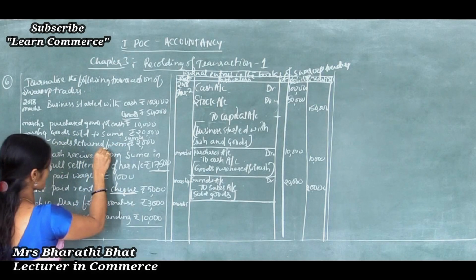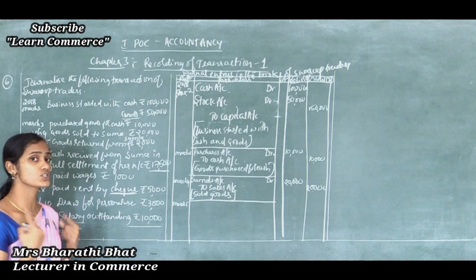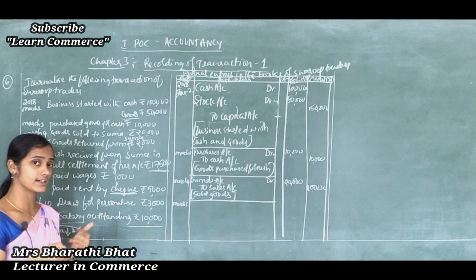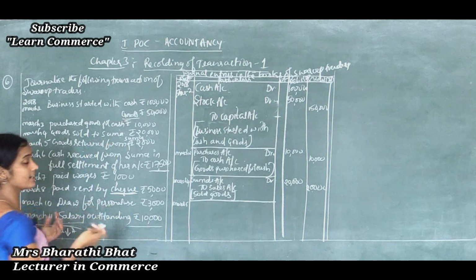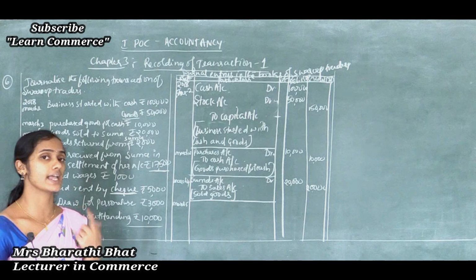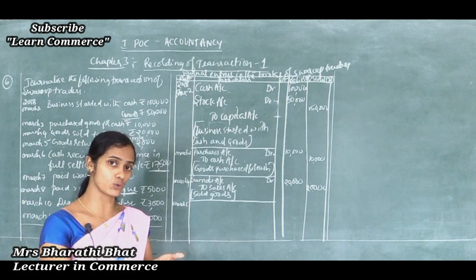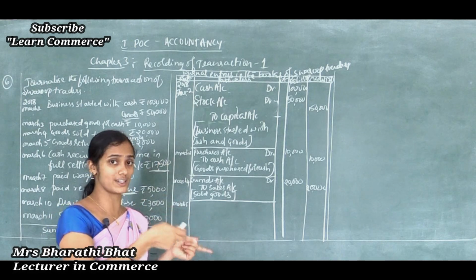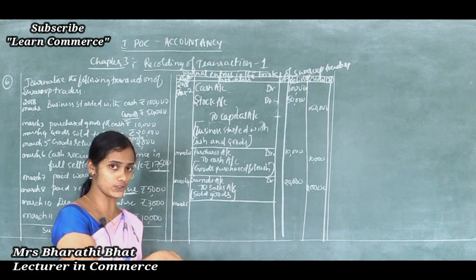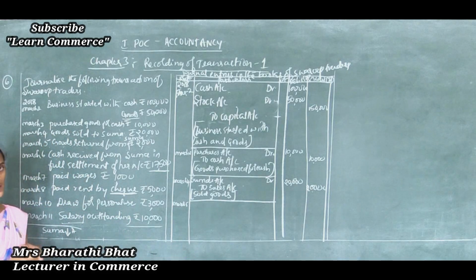But now in this case we sold to Suma, and after that Suma returned goods to Swaroop Traders, so it is considered as sales return. Once we sold goods and the same goods are returned to the business organization, it is considered as sales return.